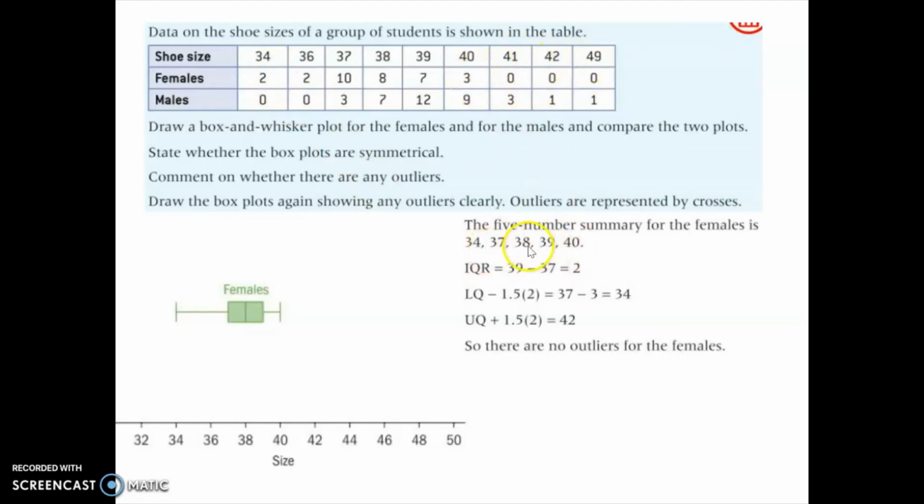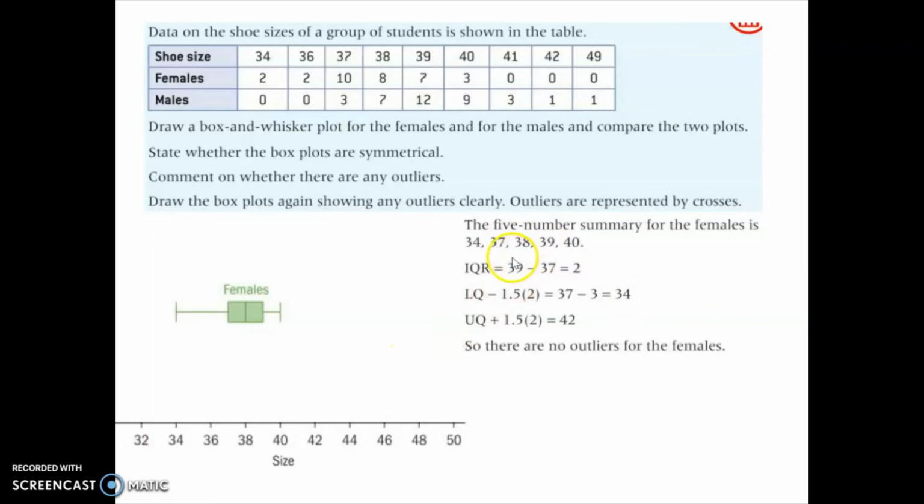And then this was our median, and Q1, Q3. If you don't remember how to find the median, you can ask how many females are in this data set. You can count up all these frequency numbers, you get a total, you do n plus 1 divided by 2, and it tells you the position of the median, and then you find it like that. So make sure you know how to find those numbers, the median and then Q1 and Q3.